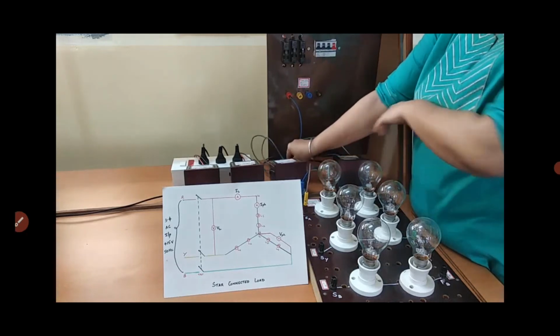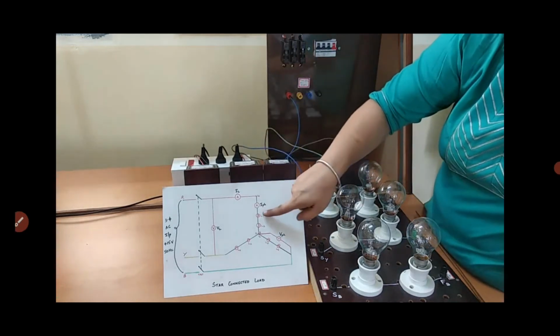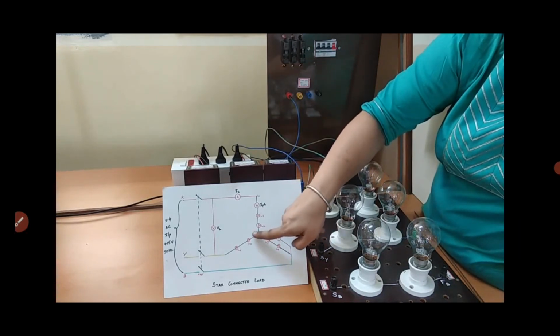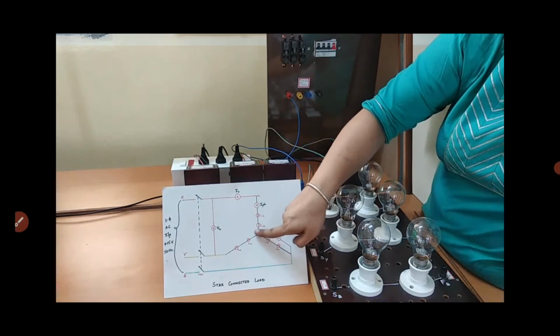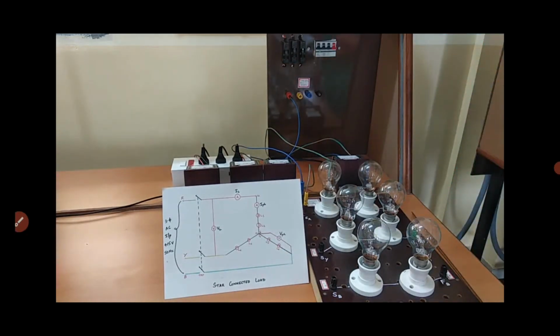Okay, after that L1 L2 is connected, then FR, FY and FB are connected to this point. This is the neutral point.